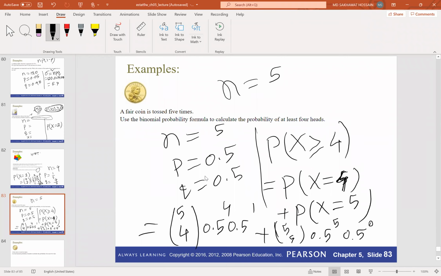So this is the probability. If you simplify this one, then it will be 3/16. You can use a calculator to simplify this one.